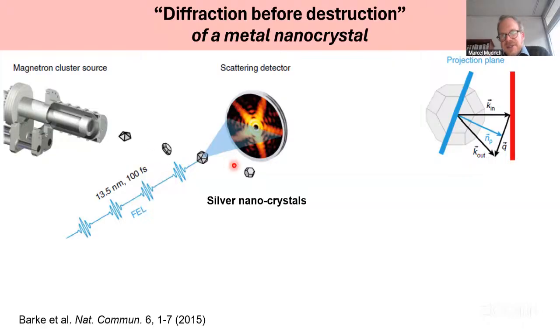The only disadvantage is that, of course, these particles come at random times, and they come in a jet that has a certain width. So many free electron laser pulses probably miss the crystal, and only every once in a while a pulse happens to just hit the target and then flash. Then we get this bright image on the screen.